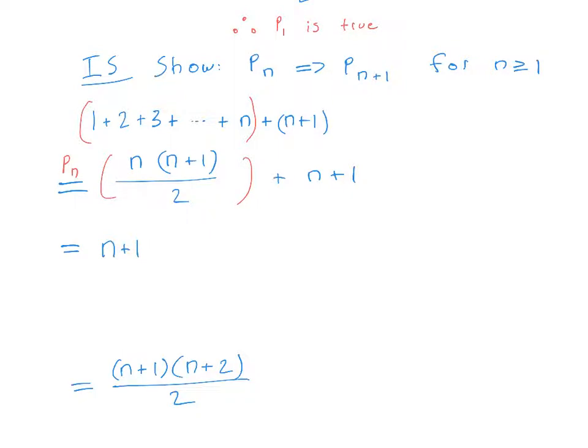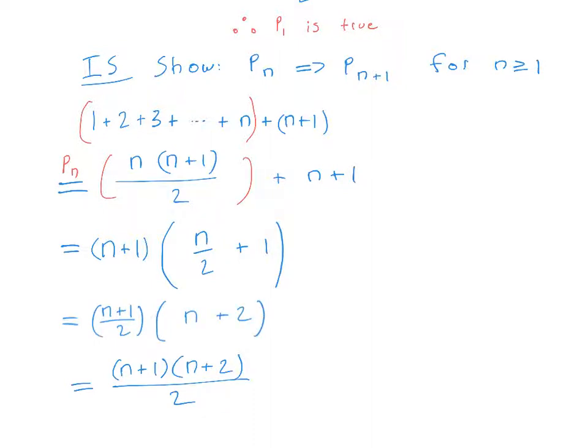So we can take n plus 1 and write a big bracket, and then what's left inside is n over 2 plus 1. And as one last step, we're going to factor out 1/2 from the big brackets. So n plus 1 is now over 2, and then inside of the big brackets, we're left with n plus 2.